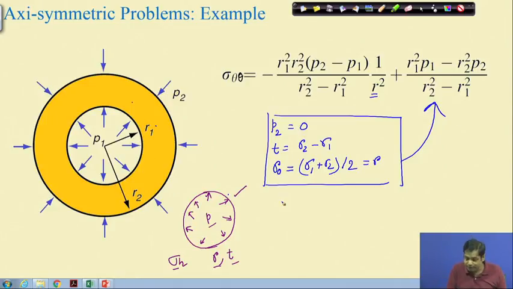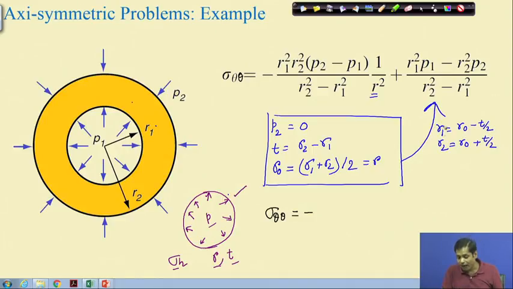Now, then sigma theta theta becomes what? Sigma theta theta becomes minus, you see, R1 is equal to R0 minus T by 2, and R2 will be R0 plus T by 2.